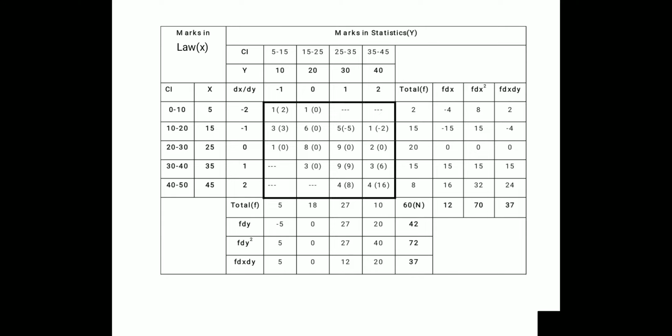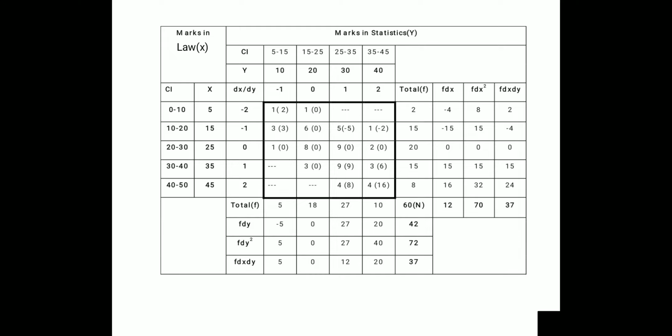So these are the f dx values obtained by multiplying dx and the frequencies of the horizontal values. In the same way, dy and frequencies of the vertical values are multiplied, then we will obtain f dy values, and we will obtain sigma f dx and sigma f dy.